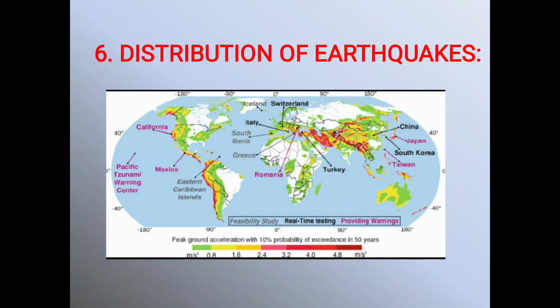Now, students, in the last slide we have seen the recording of the earthquakes, how these earthquakes are recorded. Then we have dealt with the earthquake waves also, the primary waves, secondary waves and the long or ground waves.